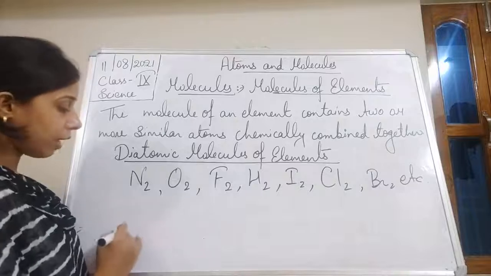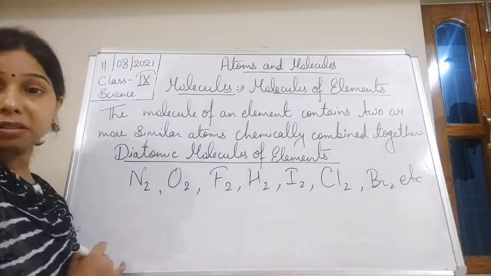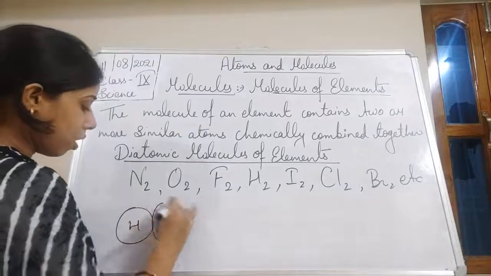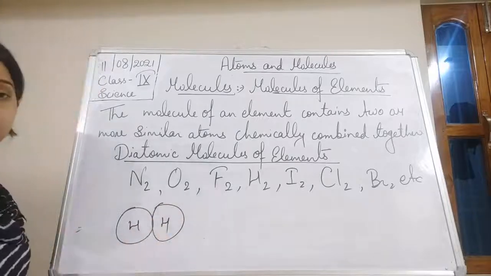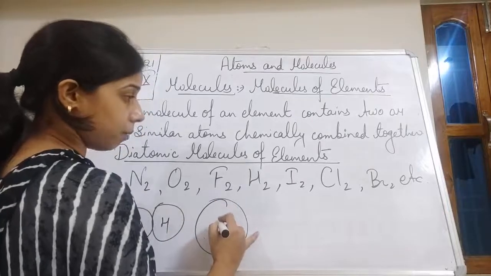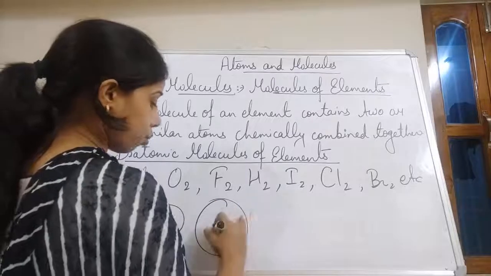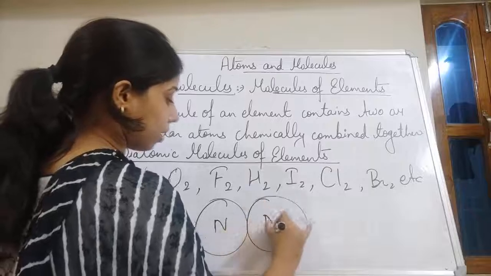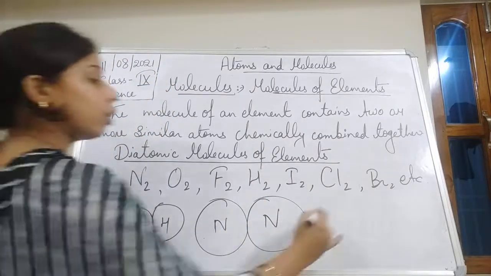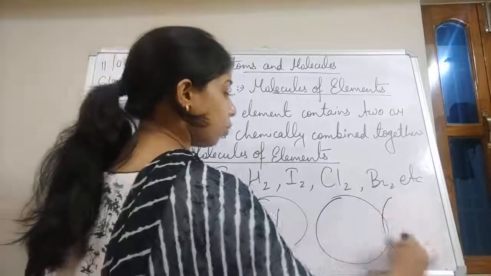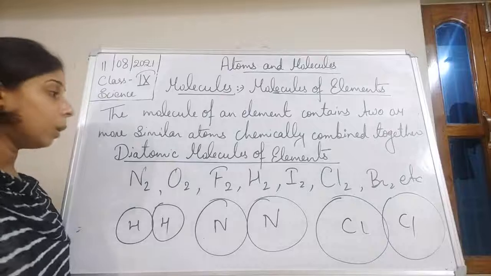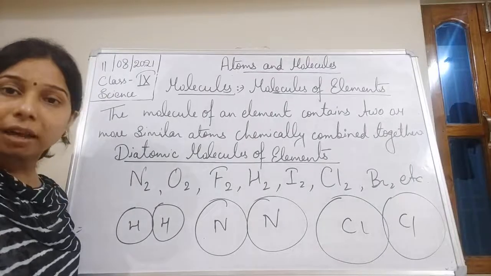When you look at the structure, you will find they exist as diatomic molecules. In hydrogen, one H combines with another H to make the H2 molecule. The same with nitrogen, where one nitrogen combines with another to form N2. Similarly, one chlorine combines with another to form Cl2. So these are diatomic molecules of elements.